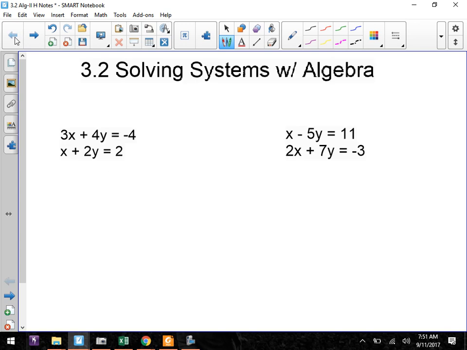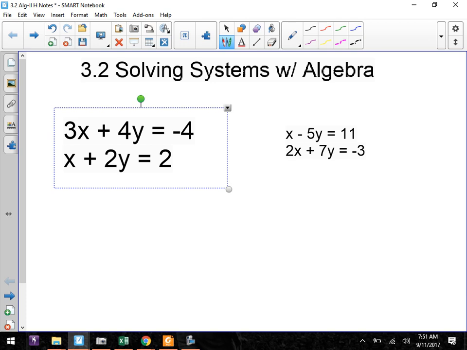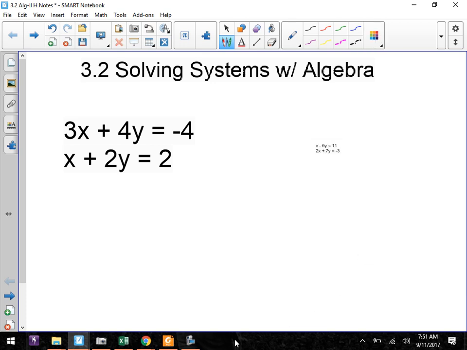So when we go back to this, if I want to solve a system of equations using algebra, we'll do these separately. Using algebra, there's a couple of methods that you probably remember-ish. What was one way that you kind of remember? Yep.